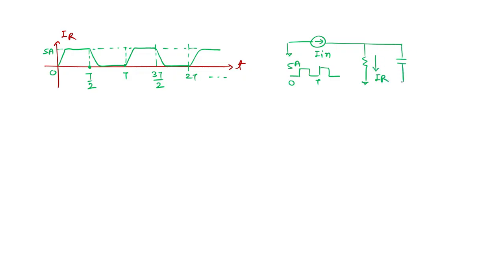But the capacitor current will change its direction. That's why the capacitor current has both positive and negative values, while the resistor current has only positive values.